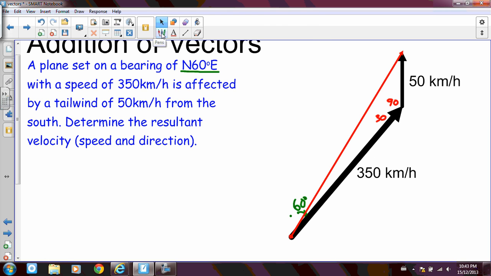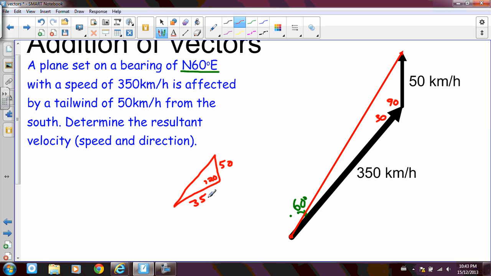And so my diagram, just in simplest form, looks something like this, with a 120 degree in there, a 50, and a 350. And I'm looking to find this as my first step.